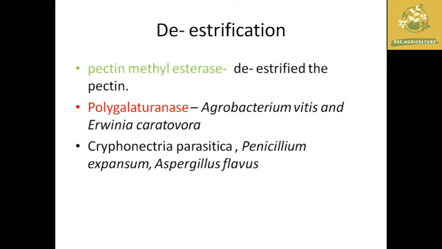After that, the de-esterification process takes place, and the pectin methyl esterase is used to de-esterify the pectin, as well as polygalacturonase, produced by Agrobacterium vitis as well as Erwinia carotovora. So these are the pathogens which produce polygalacturonase, as well as some pathogens like Penicillium expansum and Aspergillus flavus also produce polygalacturonase enzymes.